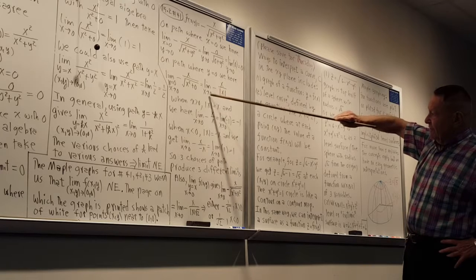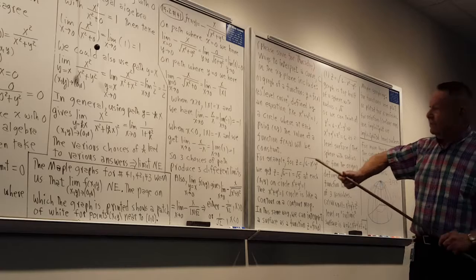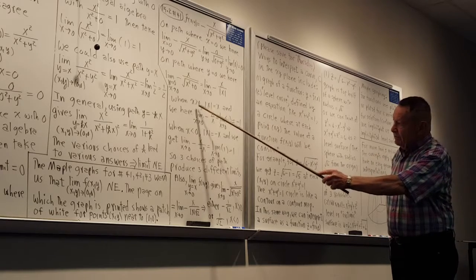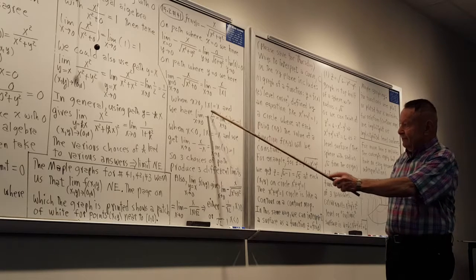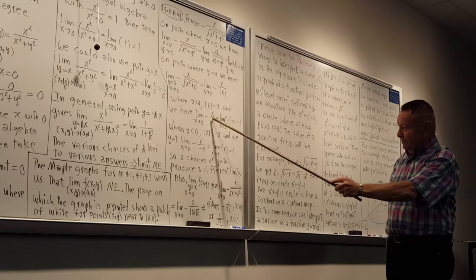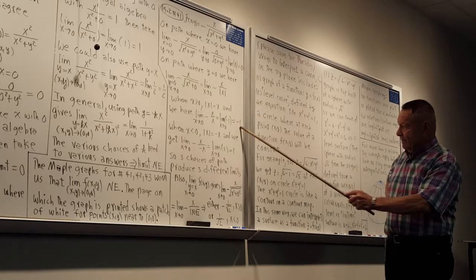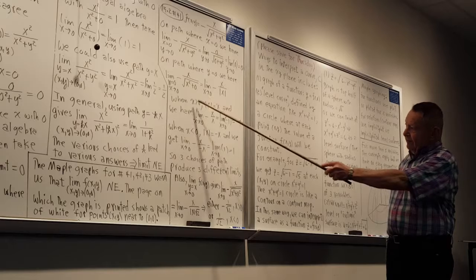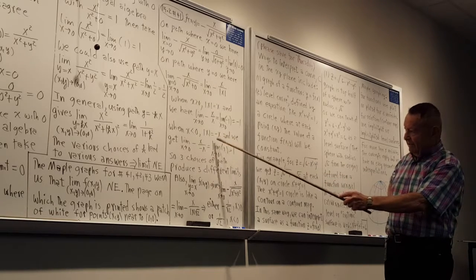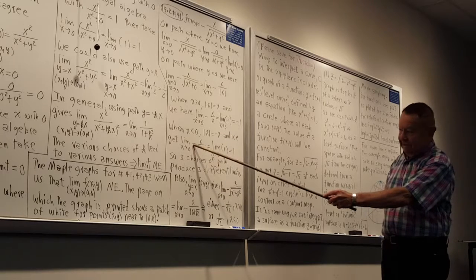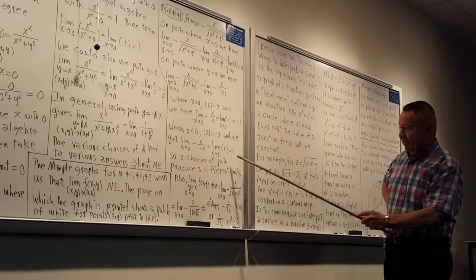So I have the limit of minus x over the absolute value. So then if x is positive, if I'm coming in from the right, my absolute value is just x. So I have x over x with the minus, so I get minus 1. If x is negative, the absolute value is minus x, and I have the two minus signs and the limit of 1, so I get plus 1.